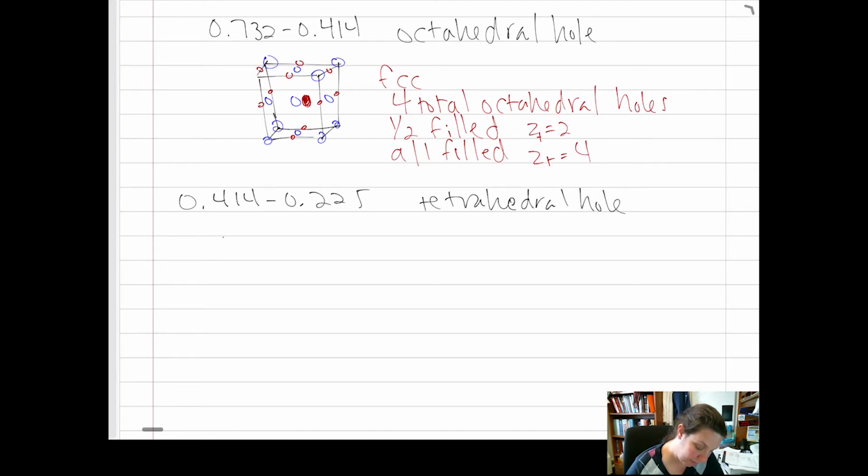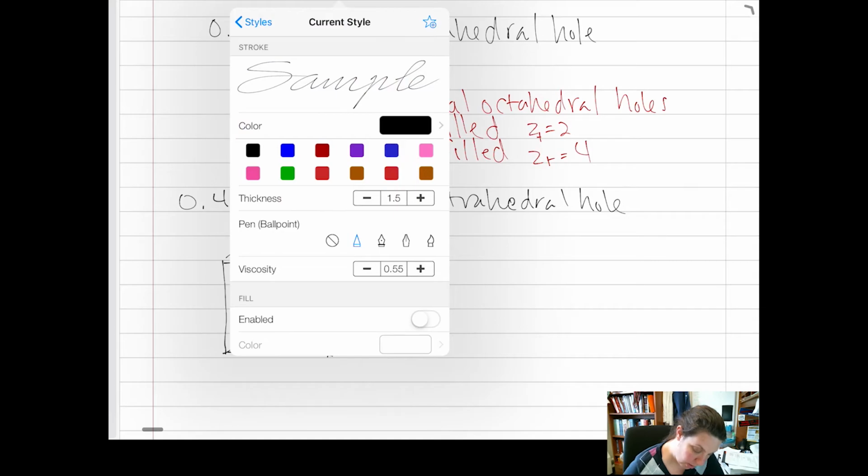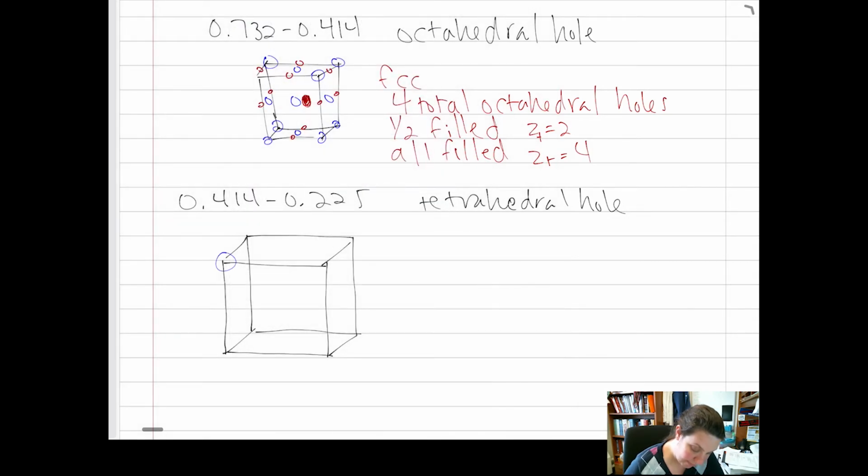I'll draw this a little bit bigger because we have more. So we've got our anions. Again, these are going to be in a face-centered cubic arrangement for our anions. And then our cations are going to fit.